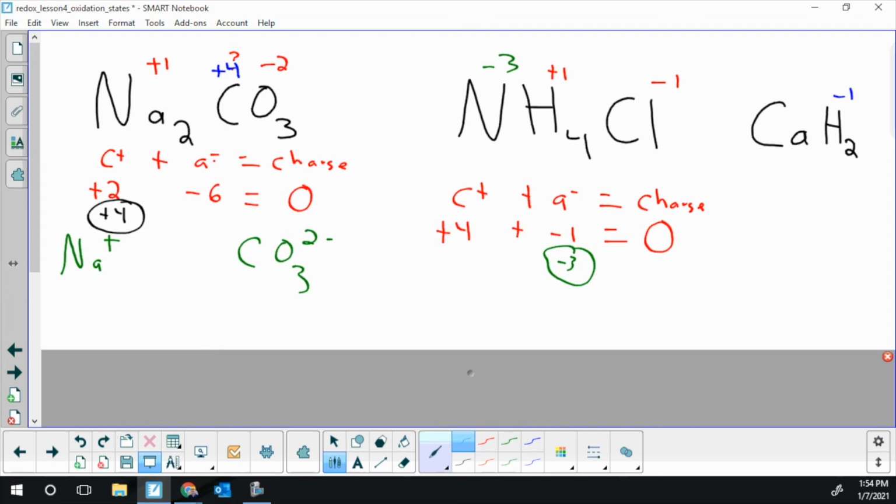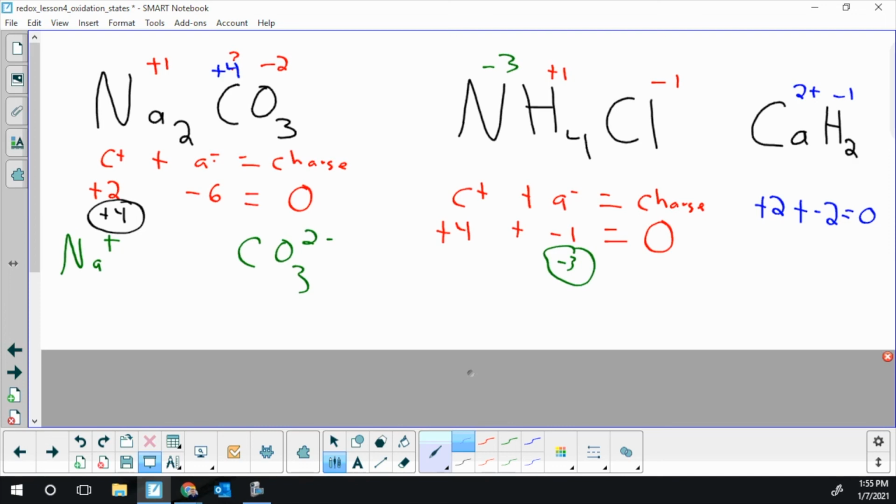Calcium will be a monoatomic ion, 2+. And it makes sense for hydrogen to be 1-. That causes all the oxidation numbers here to add up to 0. We've got 2+, 2 hydrogens at -1, 2-, and that's what causes the sum to 0.